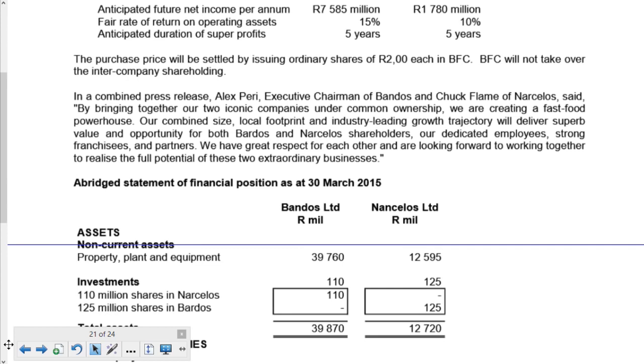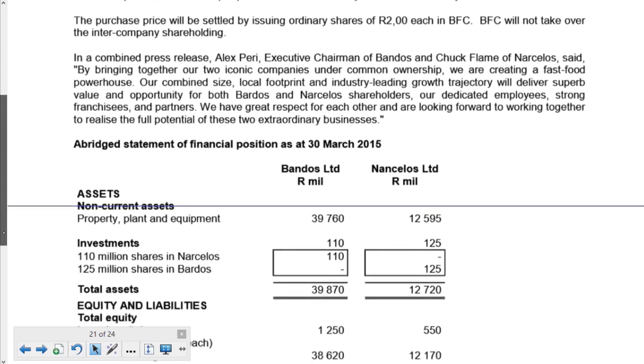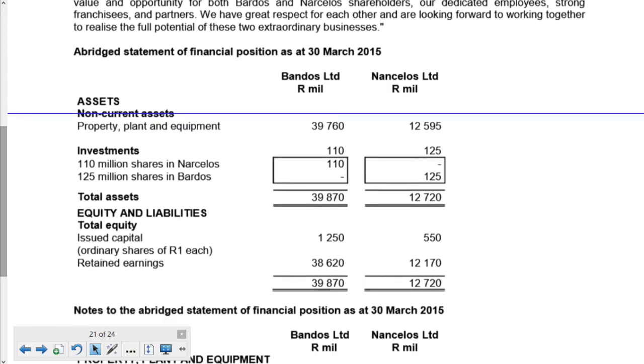You see that the companies have shares in each other. When you look at the companies' assets, they each have PPE, then they have investments in each other, and then they have equity. That's all they've got. So this one has 110 million shares in that one, and that one has 125 million shares in the other.